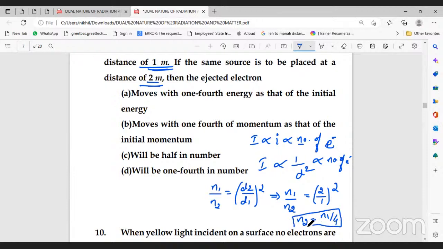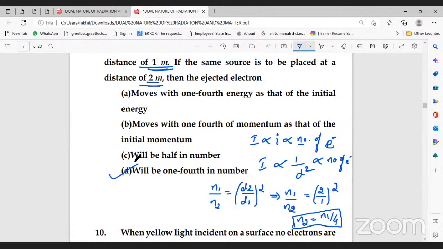So if N2 is N1 by 4, the number of electrons will become one fourth. The number of electrons coming out of the metal will become 1/4 of the initial one if the distance is doubled.